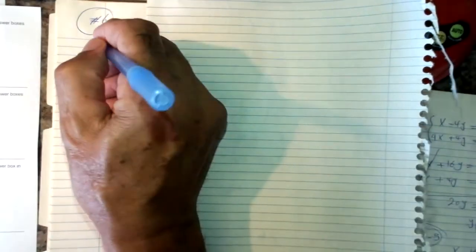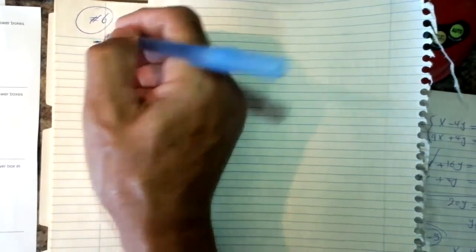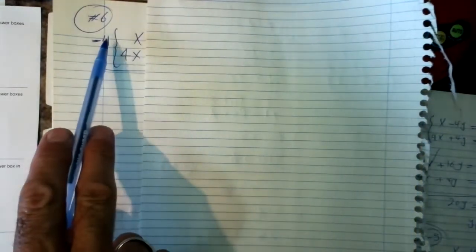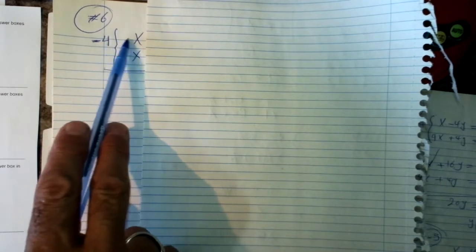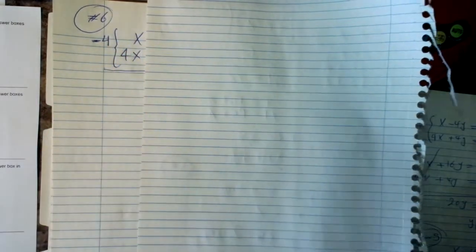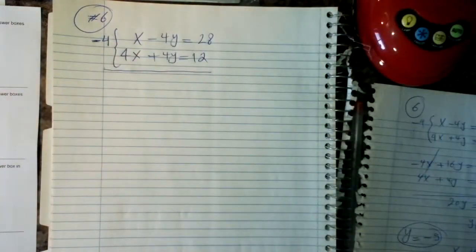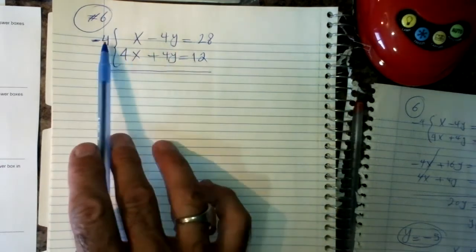If you have minus 4x here, then you could eliminate it. So I have to multiply the top one by negative 4, because if I multiply the top one by negative 4, then negative 4 times x is negative 4x, and the 4x cancel. So what you do is you multiply the top equation by negative 4.